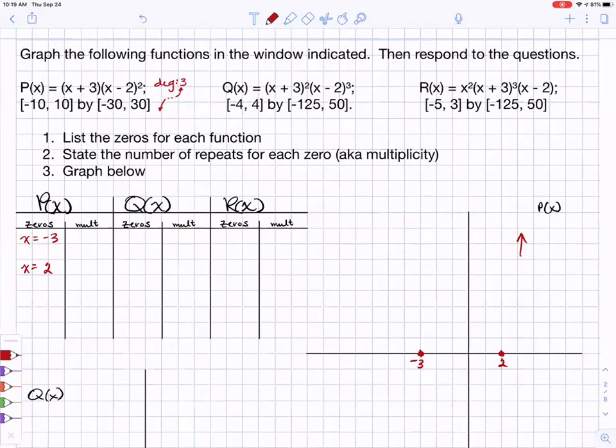So you're looking for zeros, put them on the graph, degree, and end behavior. Check with each other. That's a little harder on Zoom. Sorry about that, guys. Okay, Q of X people, you guys haven't checked with each other yet. Don't ignore me.